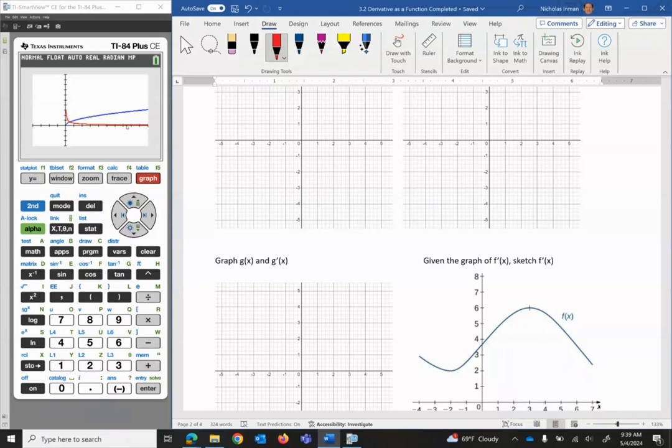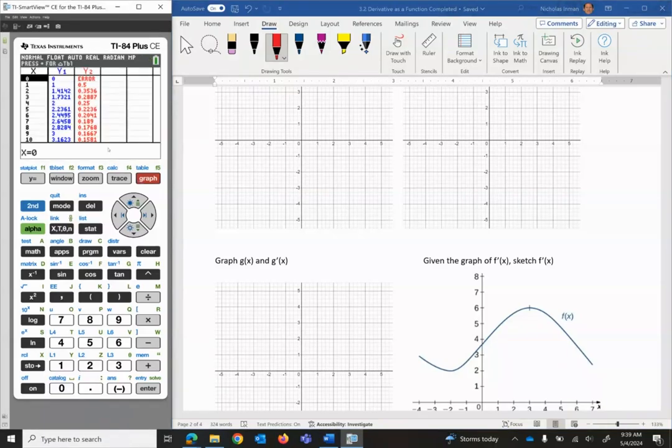It is always going to produce a positive value. All of these y values in our table for our derivative, no matter how far you go, will be positive numbers. They'll be very small, but they'll be positive numbers, meaning that our original function is always increasing.